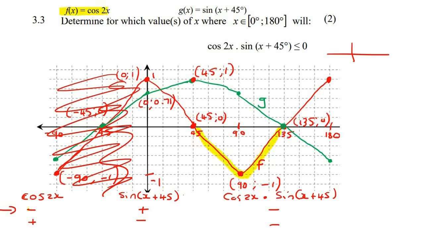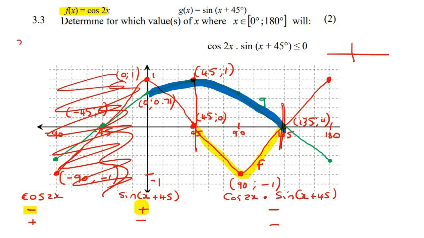Now, at the same time, they want the sin graph to be positive. That's the g graph. So they want that one to be positive, so it must be above the x-axis. That's over here, up to there. So where is the overlap? Well, the overlap is from here up to here.